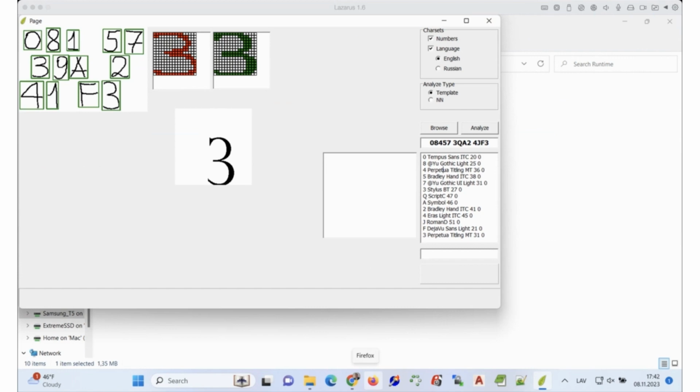The thing is that if you have different symbols but written in the same manner, then a result could be incorrect. So if you have pretty close symbols, they can be recognized incorrectly.